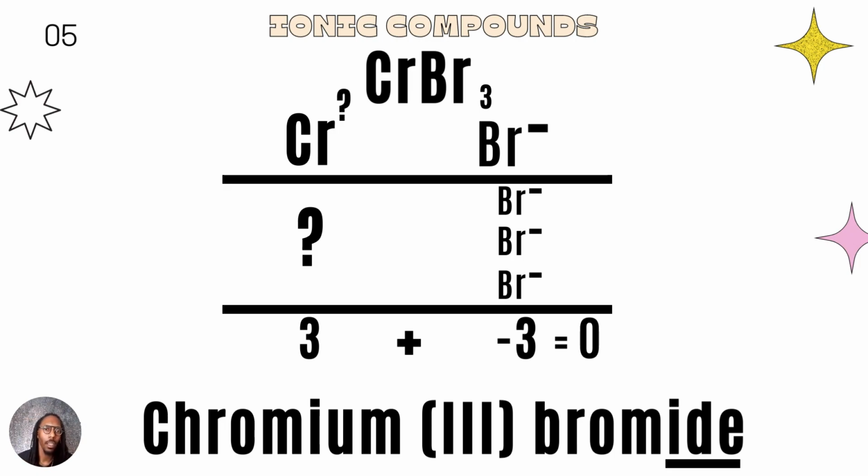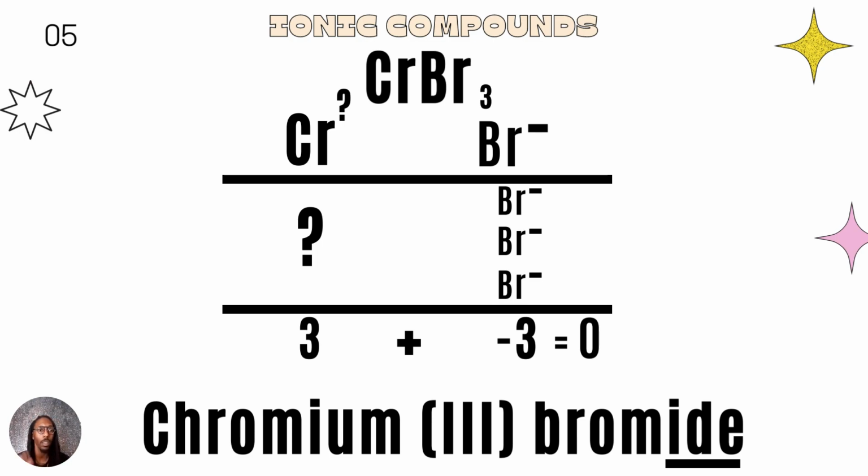So in this case, we have to do some problem solving. That's what chemistry is. We have to problem solve. So once I figure out that my charge for my chromium is a 3, that's going to help me name this compound because now I know the charge of my chromium.